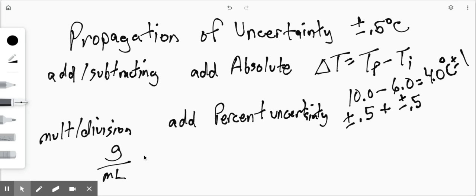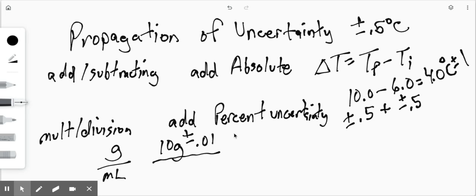Let's just say we have 10 grams of a substance. And we know that using our scale from earlier, that 10 grams of substance has an absolute uncertainty of plus or minus 0.01 grams. We know we're going to end up dividing this.